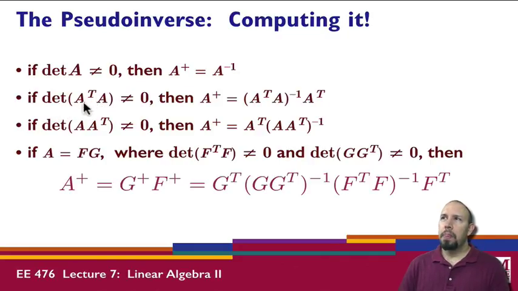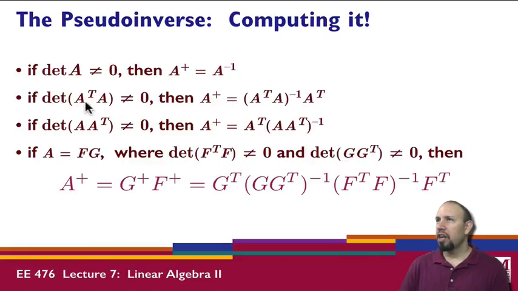Now, consider the product A transpose A. For any non-square matrix, I can always multiply it by its transpose in either direction. These two matrices may be a different size, but I can always multiply them, and the resulting product will always be square. If this product has a non-zero determinant, then I can compute the pseudo-inverse this way.